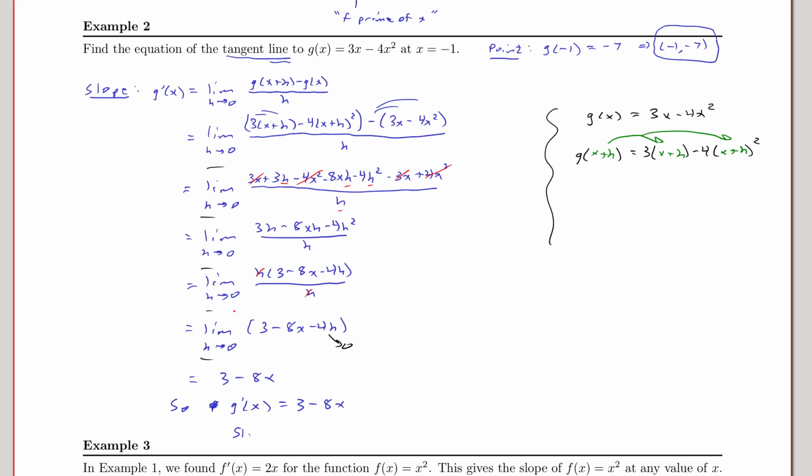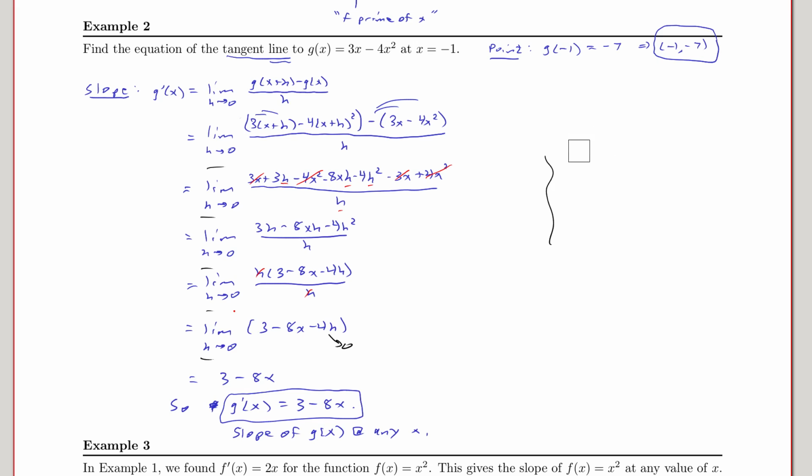This is the slope of g of x at any x. So this is a slope function for our original function. Now we wanted the slope at -1.